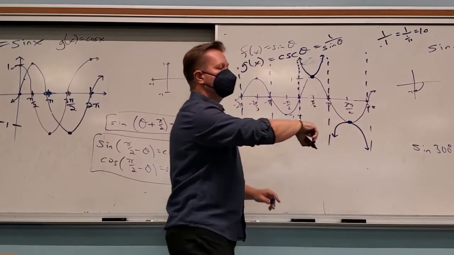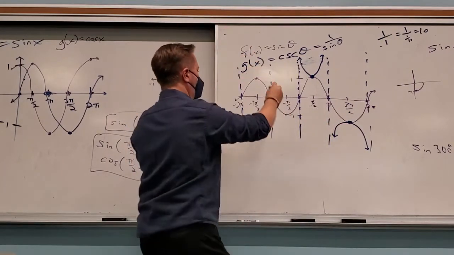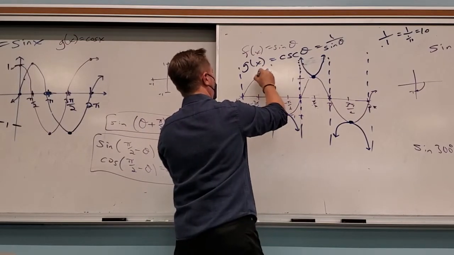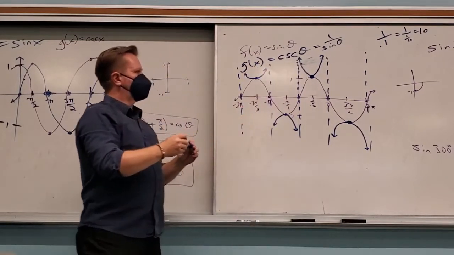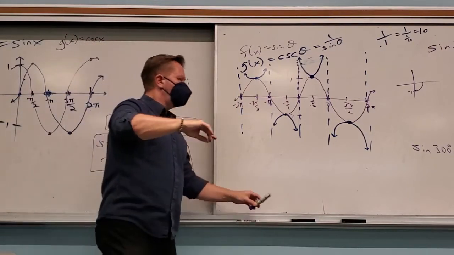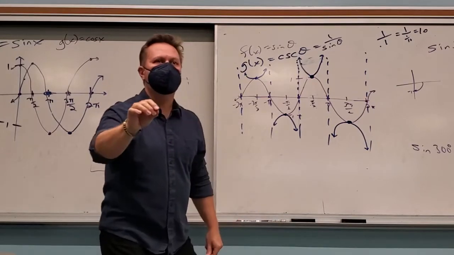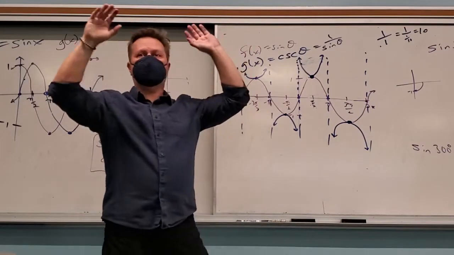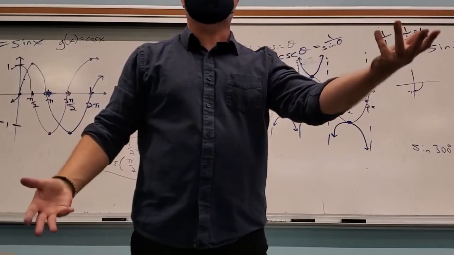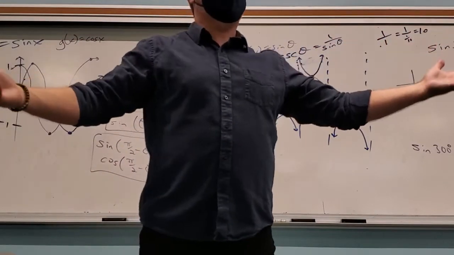And then it does that forever in both directions. So we expect cosecant to have some problems. We expect cosecant's graph to be gross because it's 1 over sine, and sine is 0 sometimes. So of course cosecant's going to have some problems.